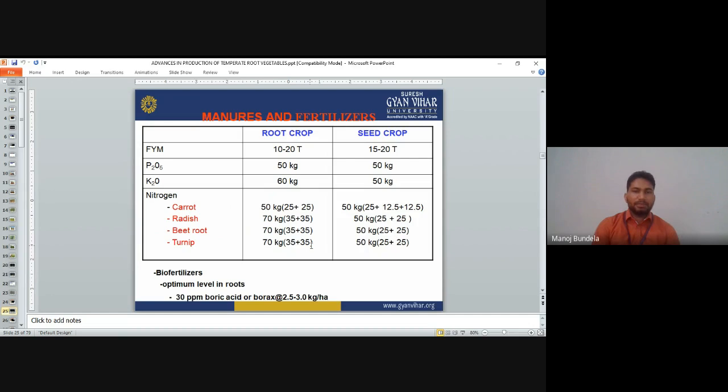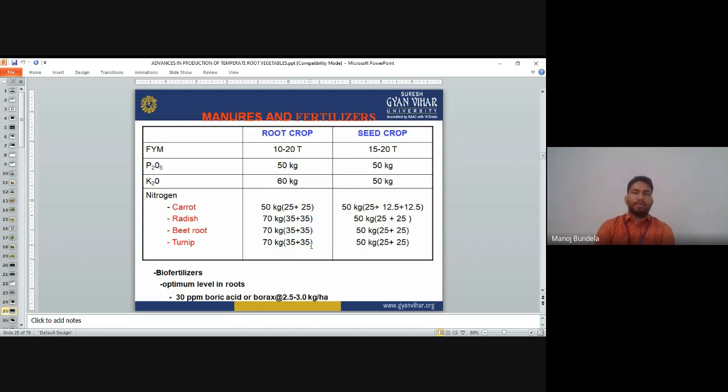For radish, we apply 70 kg in two splits, 35 plus 35, but in seed crop 50 kg, 25 plus 25. In beetroot, 70 kg in two splits, 35 plus 35, but in seed crop 50 kg, 25 plus 25. Turnip, 70 kg, 35 plus 35, but in seed crop 50 kg, 25 plus 25.